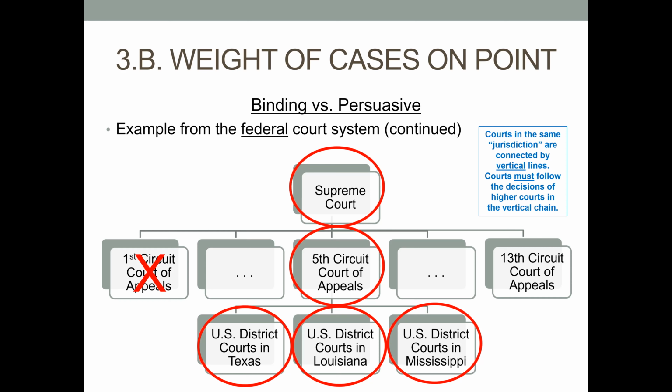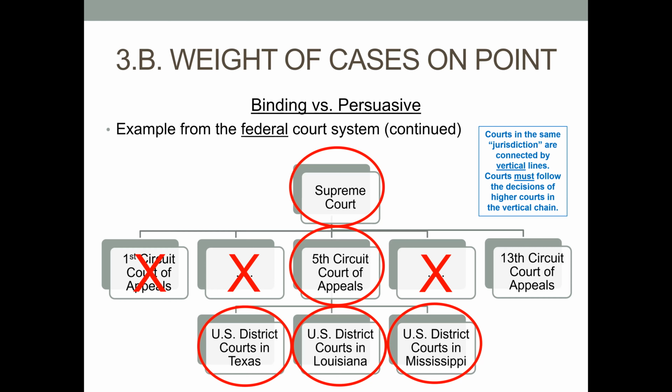Now, I didn't have room to put all the circuit courts of appeals. So this next box to the right that I'm putting an X through is supposed to represent the second through fourth circuits. But again, their opinions would not be binding on either the Fifth Circuit or the U.S. District Courts in Texas, Louisiana, and Mississippi. And then the box on the right side of the Fifth Circuit Court of Appeals is supposed to represent the 6th through 12th circuits.